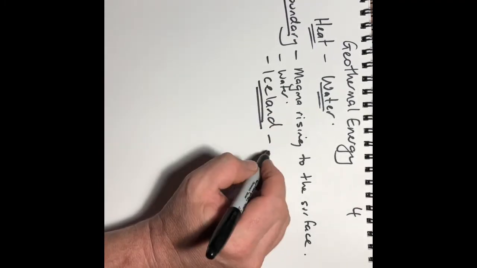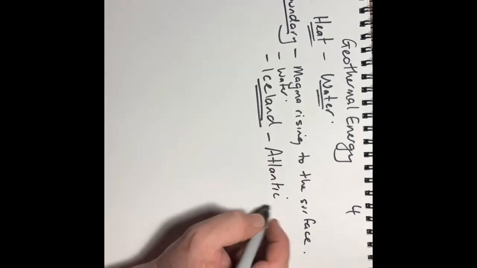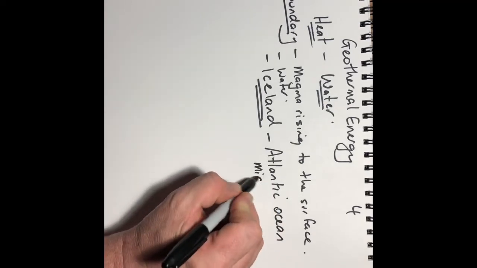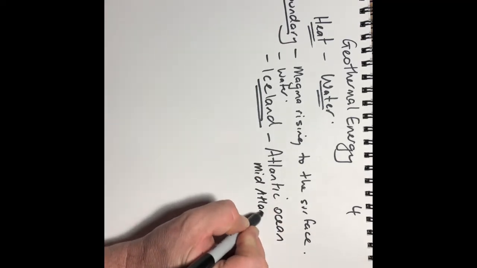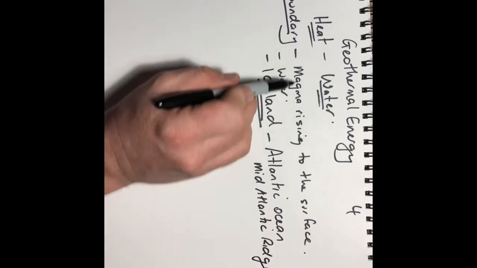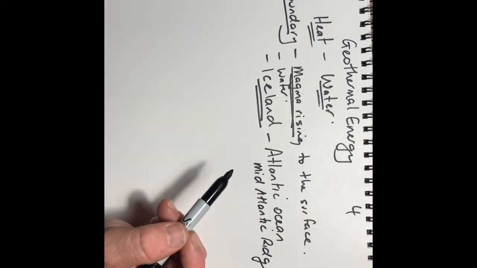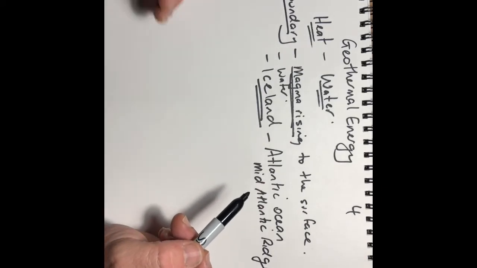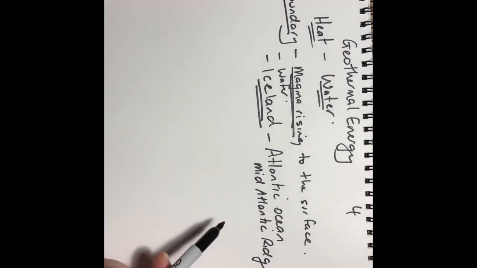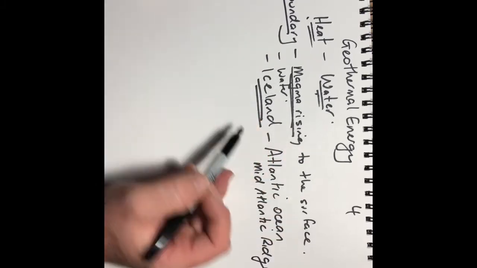Iceland is located in the Atlantic Ocean on what's called the Mid-Atlantic Ridge. And they have magma that is just below the surface. Because they're also surrounded by the ocean, they have vast access to huge amounts of water. So they have the heat and water that they need to access that.